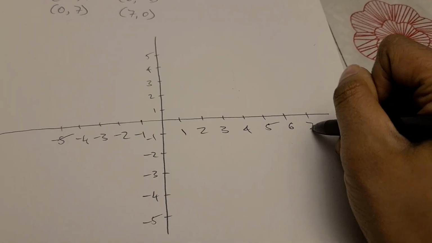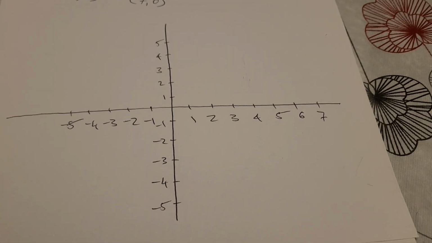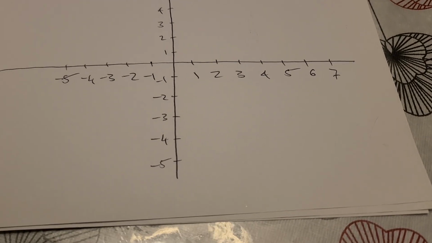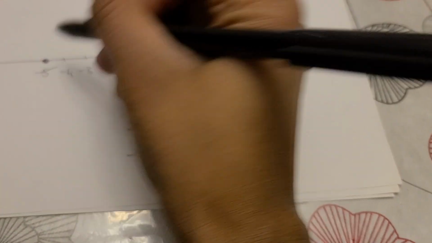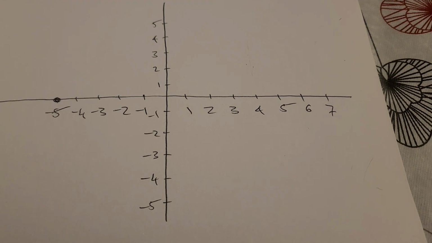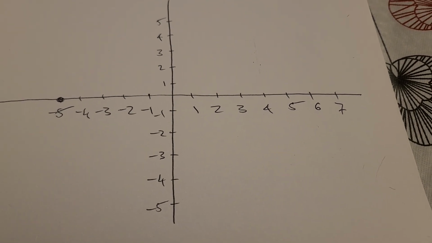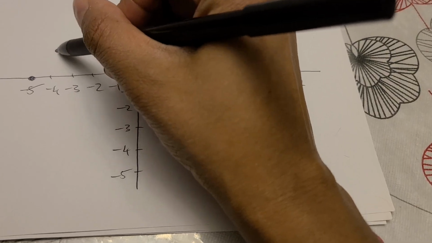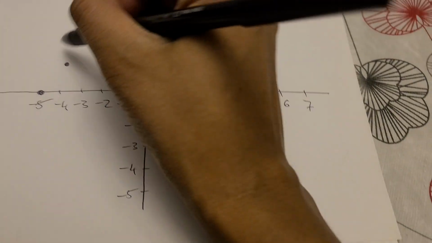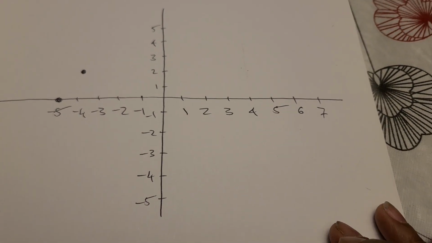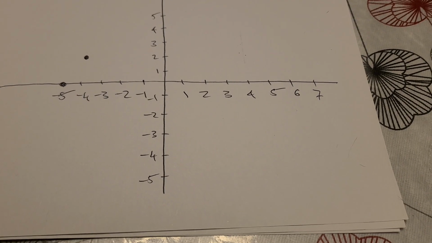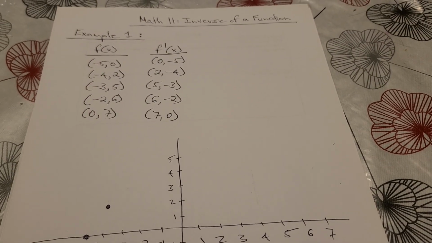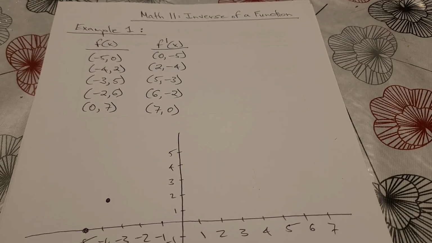I'm going to add some more points here to the Cartesian plane. First point is -5 and 0. So you're going to make a dot right there. And then -4 and 2. Remember, this is just going to be a sketch. Because these are individual points and coordinates, you're not going to join these dots together.